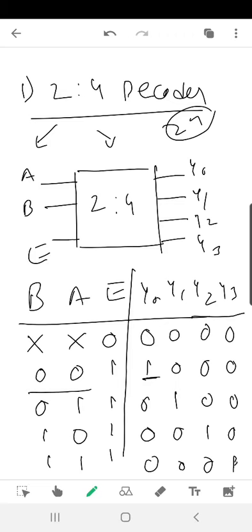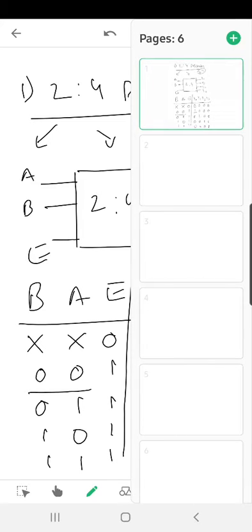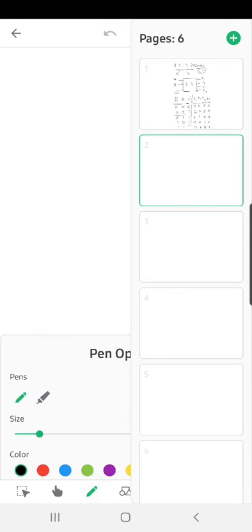So if a is 0 and b is 0, I can write it as complement of a, because 0 is represented by the complemented form. So it will be written as a complement multiplied by b complement. So our expression for y0 will become b bar a bar.